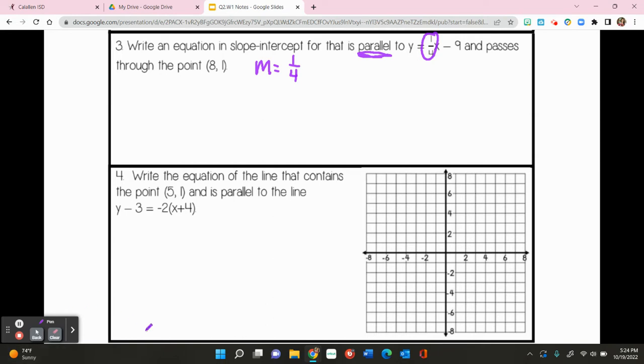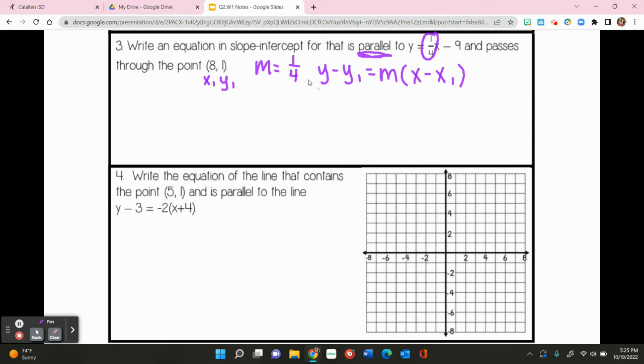So we're going to go back to what we learned on Monday, and we're going to use point-slope form to find our equation. So point-slope form is y minus y1 equals m parentheses x minus x1. So looking at our point, by the way, remember we always want to label it x1, y1.